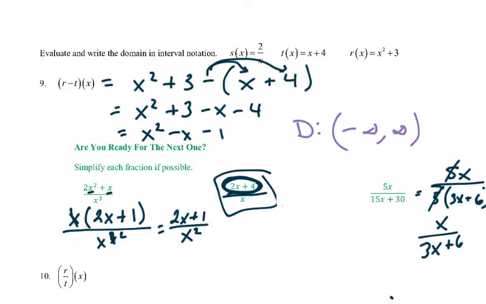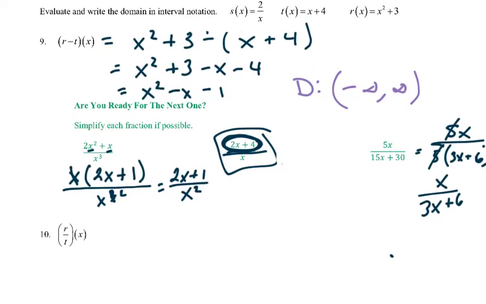So let's see why this is important. Using these same functions from above, we're going to do r divided by t. So r is equal to x squared plus 3, and t is equal to x plus 4. And we're trying to find and write the domain in interval notation.